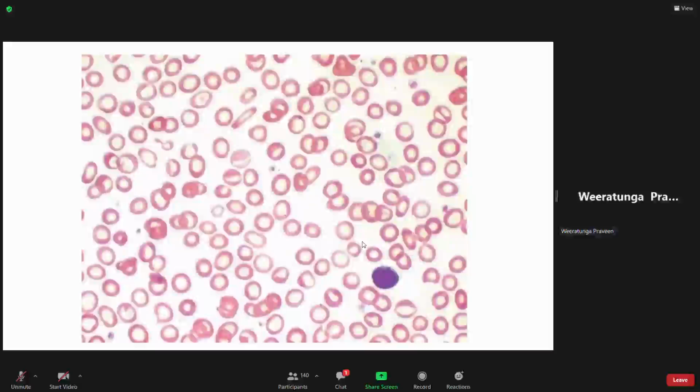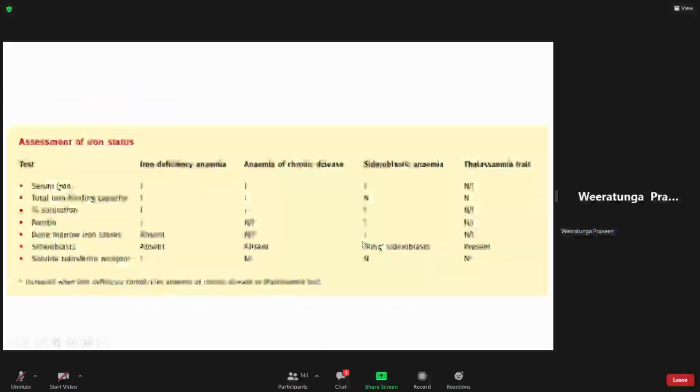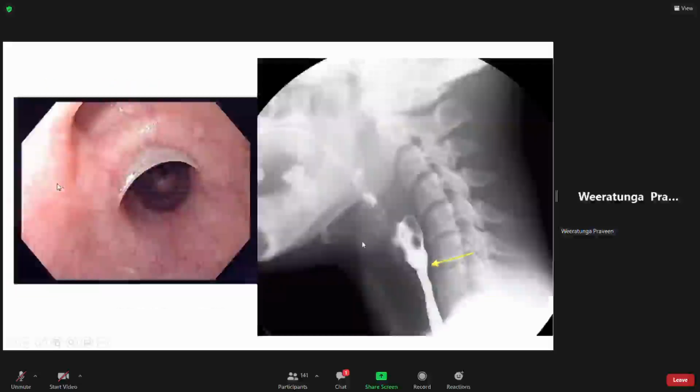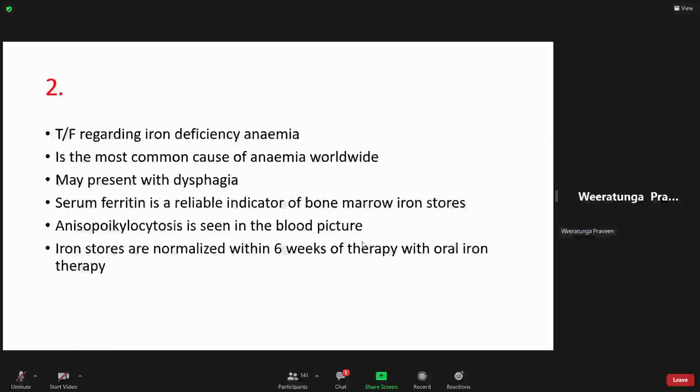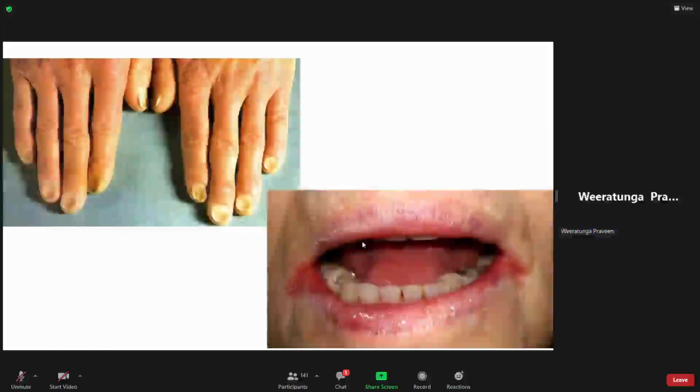Various abnormal red cell shapes and forms. And that is called anisopoikilocytosis. You can see these sort of pencil shaped cells, some teardrop cells, target cells. That is what you see in iron deficiency. So anisopoikilocytosis is a feature in the blood film.